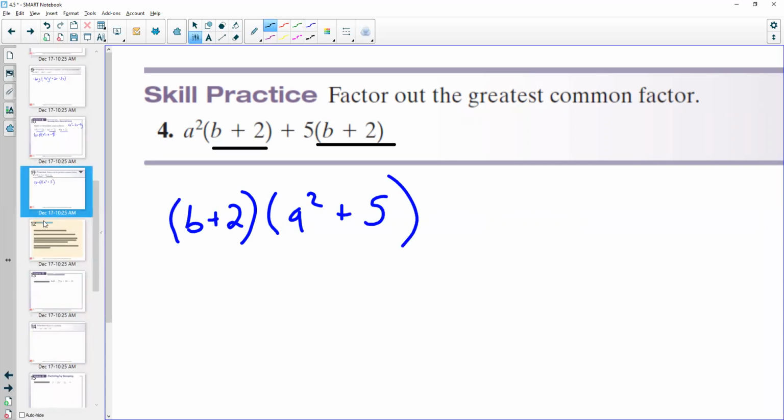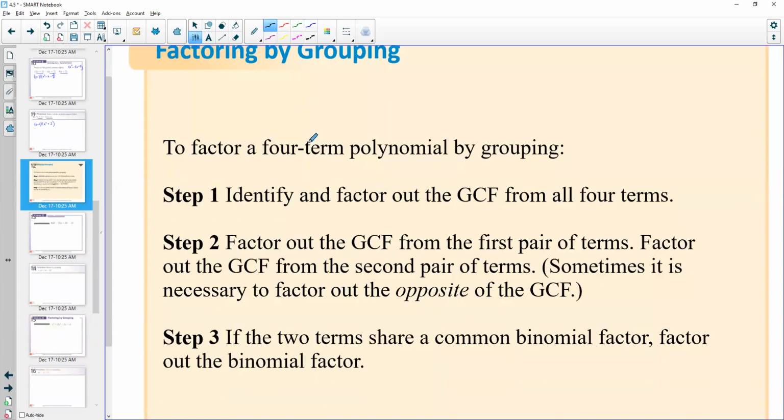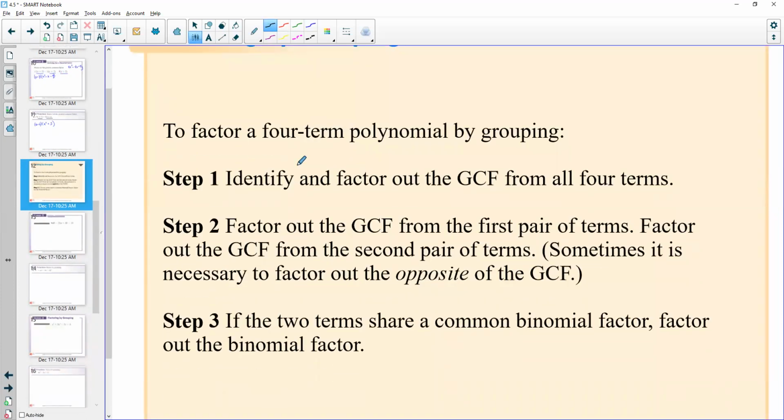All right, it's not always that simple though, of course, because that would just be too nice to us. So when we factor out by grouping, what we do is identify and factor out the greatest common factor everywhere. That's always the first step in factoring. If there's a greatest common factor, we take it out. Then we factor out a greatest common factor from the first pair.